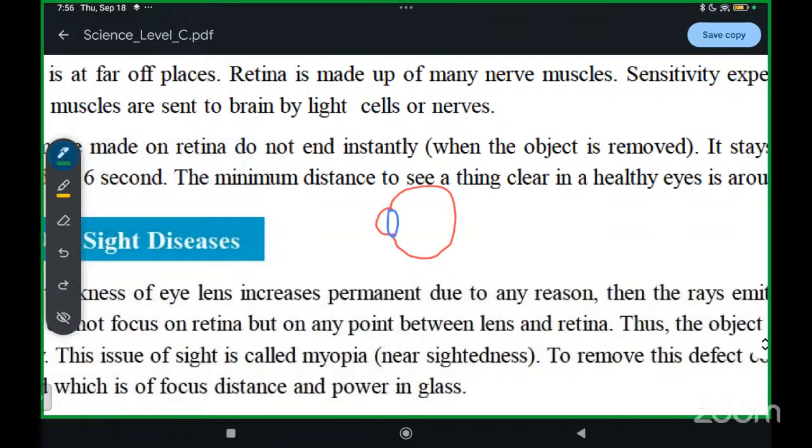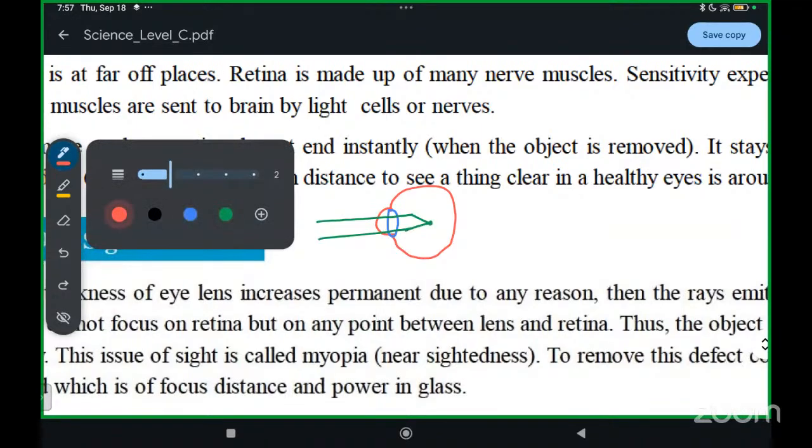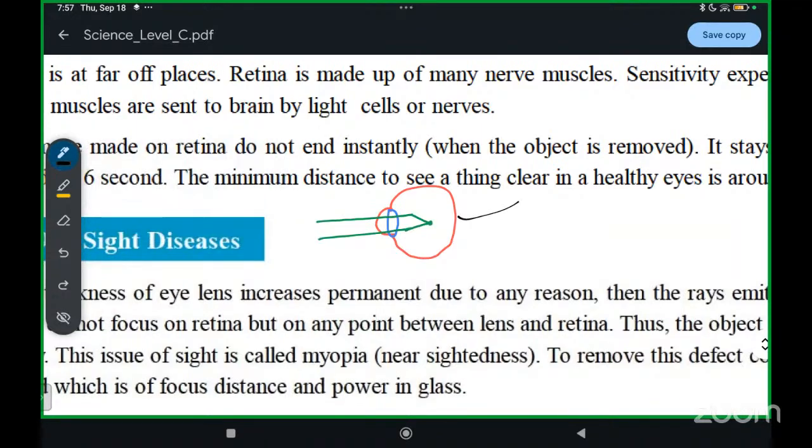The light rays travel and they will meet here. Now this is your retina.